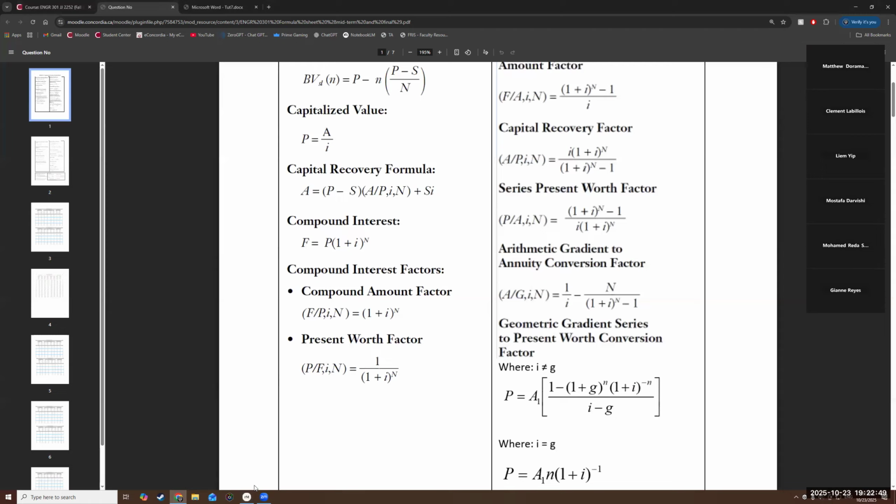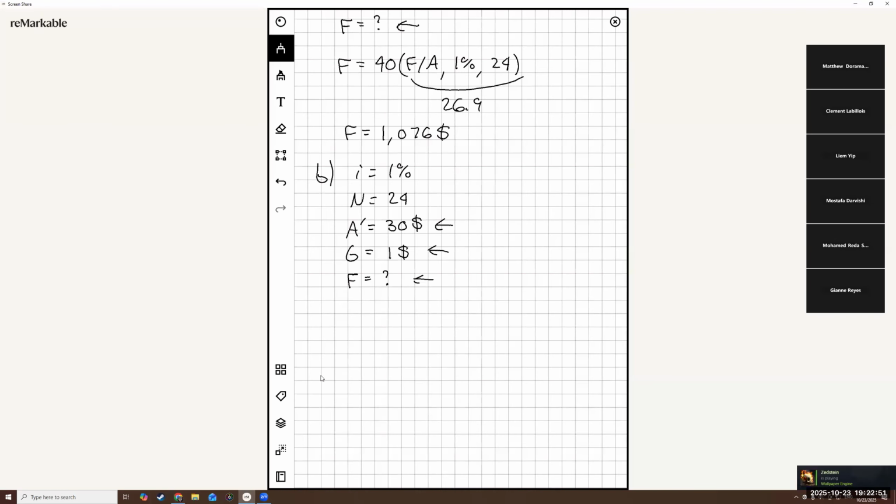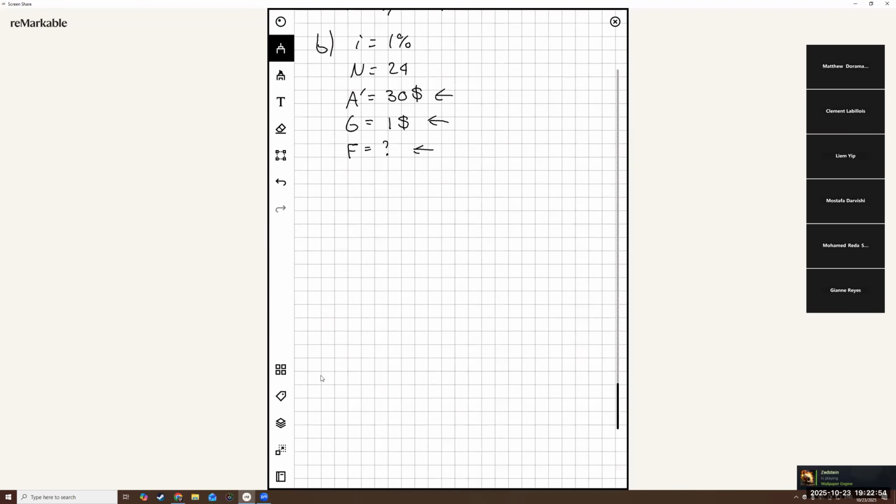Okay. So first things first, let's calculate our equivalent A value. This calculation will be based on this $30 we have per month, as well as this increasing $1. So this $30 is already in a per month format.